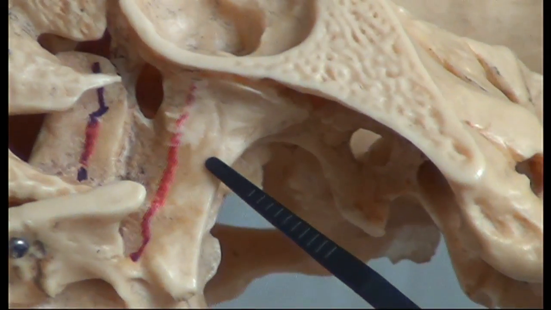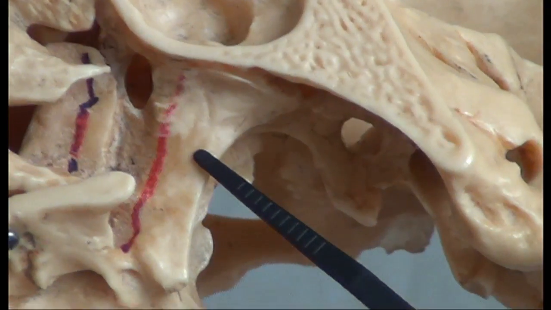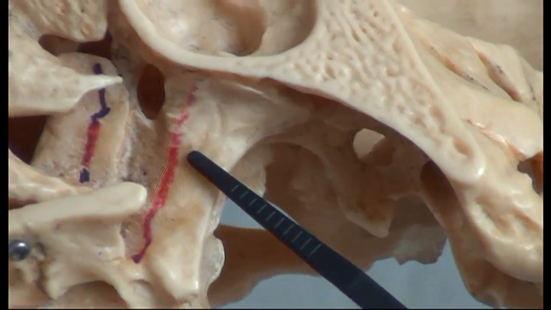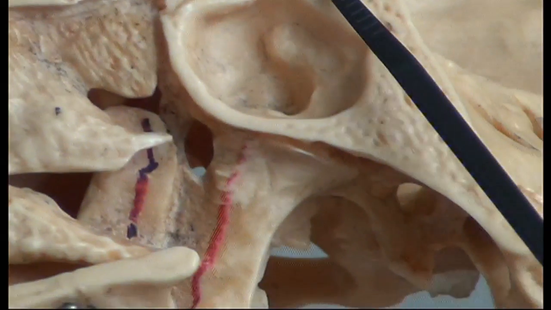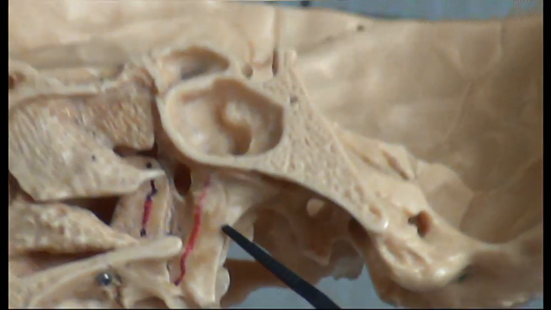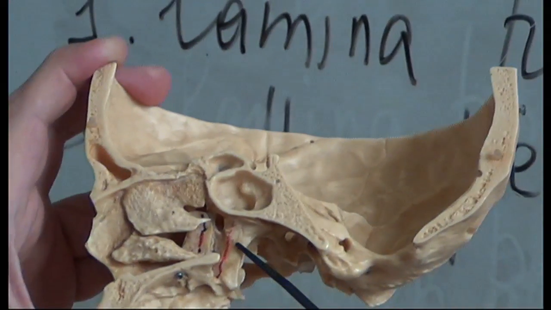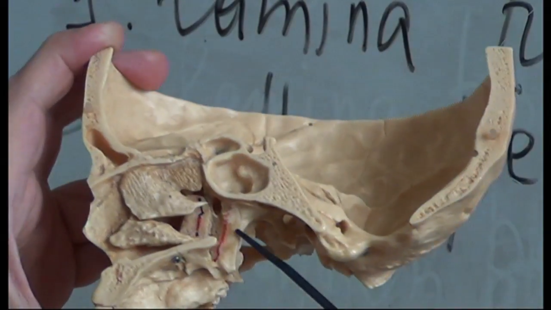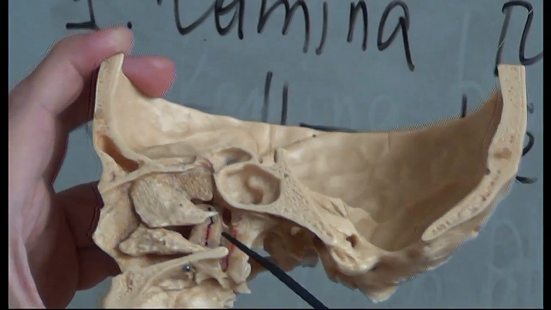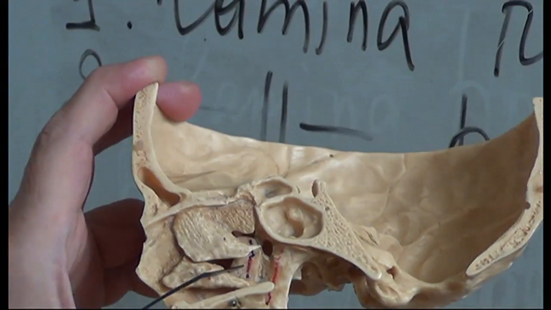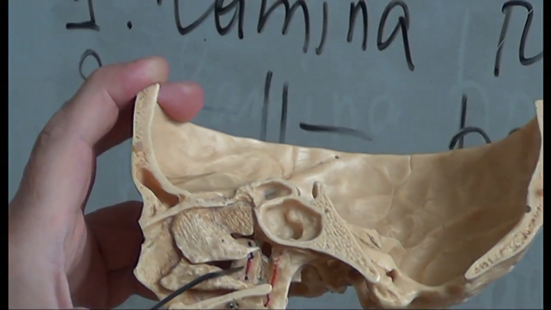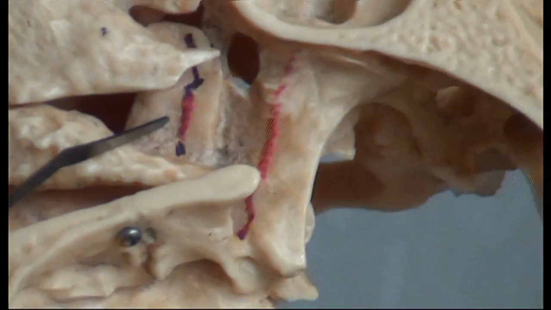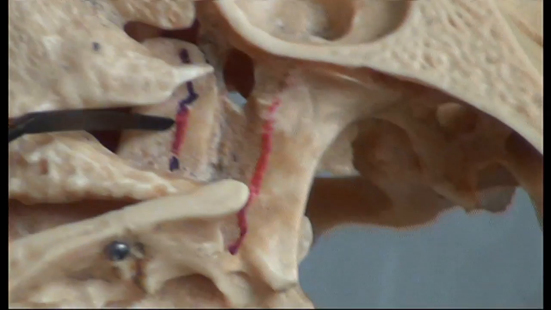This one, lamina medialis processus pterygoidei. This is the sphenoid bone, and this is lamina medialis processus pterygoidei of this sphenoidal bone. And anteriorly to it, this is os maxilla.